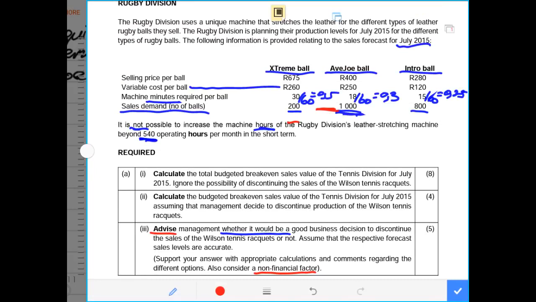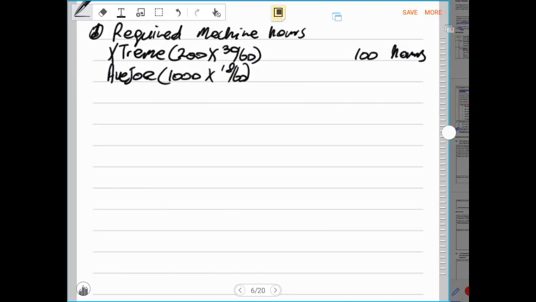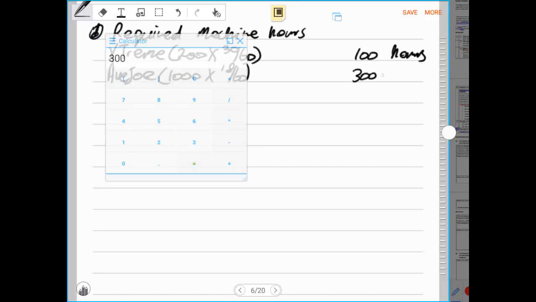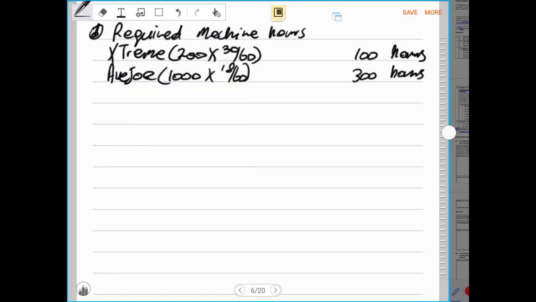So it was 18 out of 60 minutes in an hour that they spend to complete one ball. So 18 minutes to complete 1 unit, divided by 60 minutes in 1 hour, times 1000 will give us 300 hours that are required to manufacture the 1000 balls. So it will be 300 hours required. Then we go to Intro.